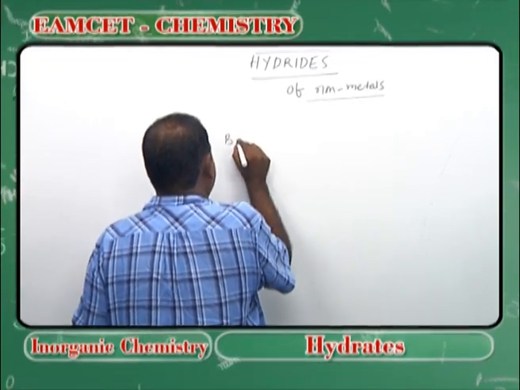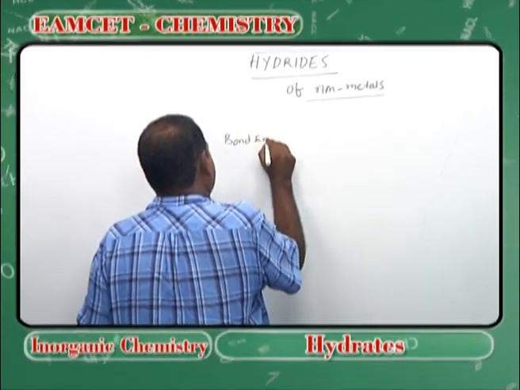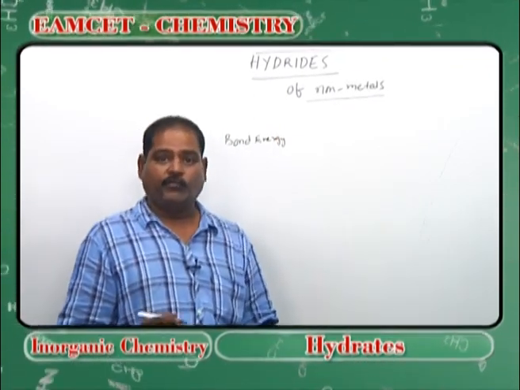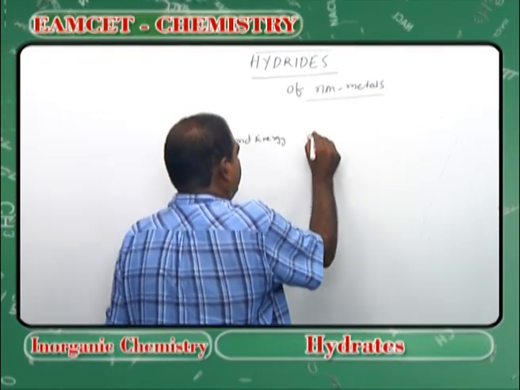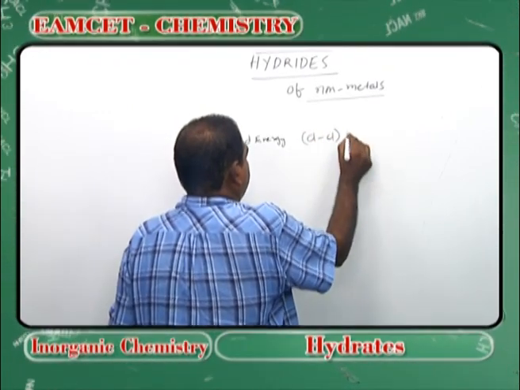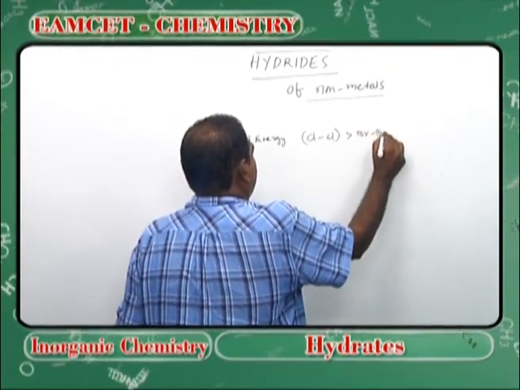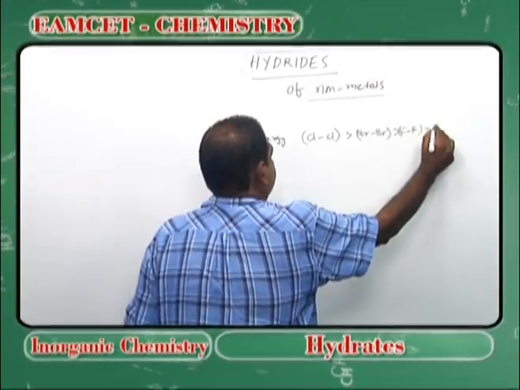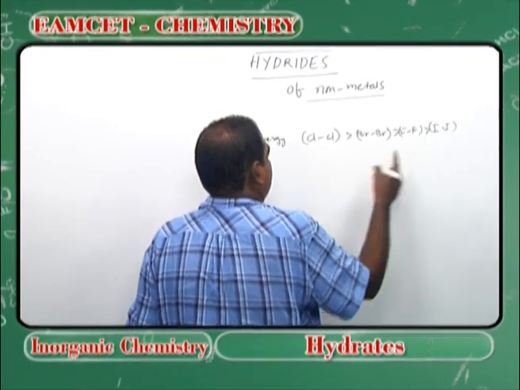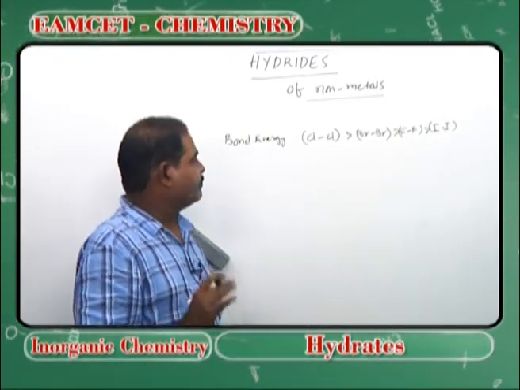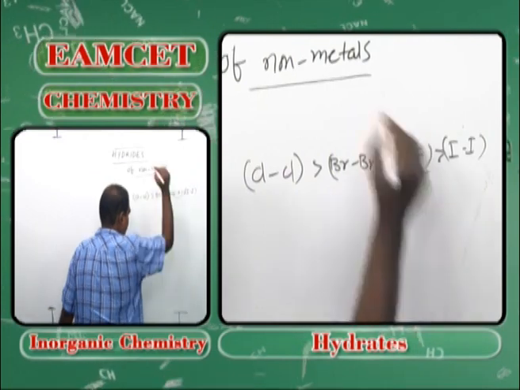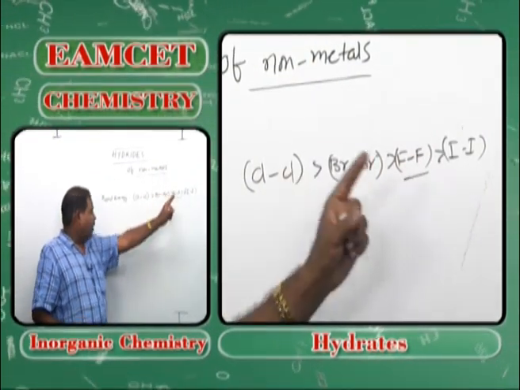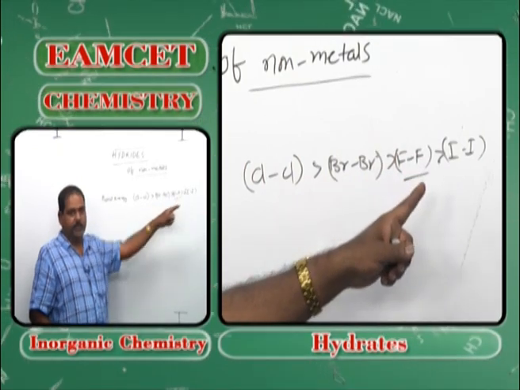Bond energy. We expected bond energy of fluorine to be very high, but fluorine took the 3rd place: Cl, Br, F, I. The last one is I. I expected fluorine to be the winner, but he got the 3rd place.